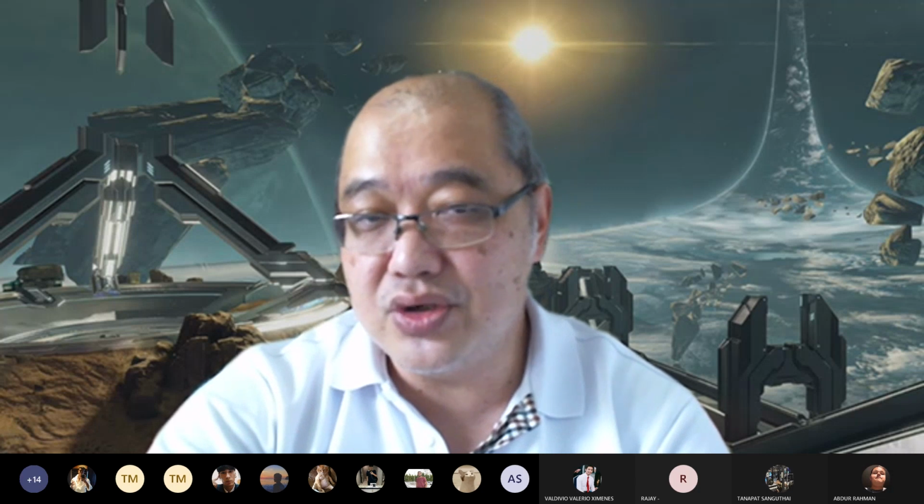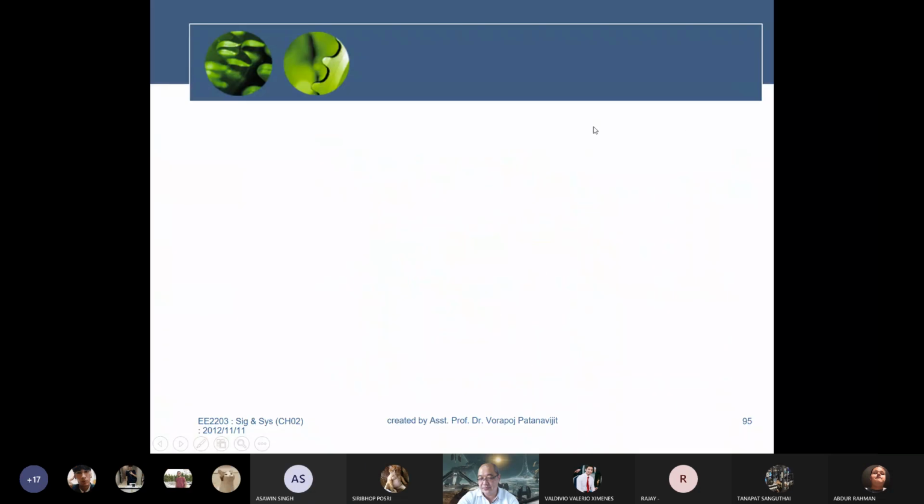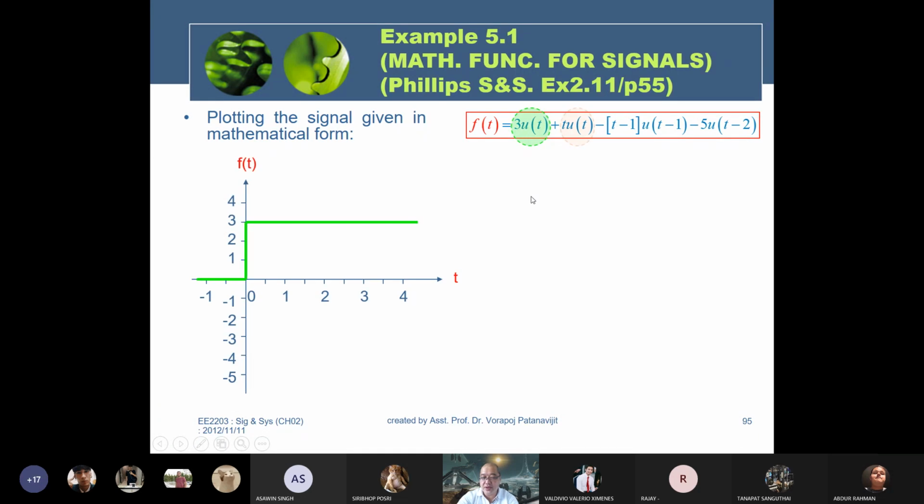Now I will show you in animation in Microsoft PowerPoint to see the overall picture. The green 3u(t), you know where it came from: 3u(t) minus (t minus 1)u(t minus 1), and minus 5u(t minus 2).